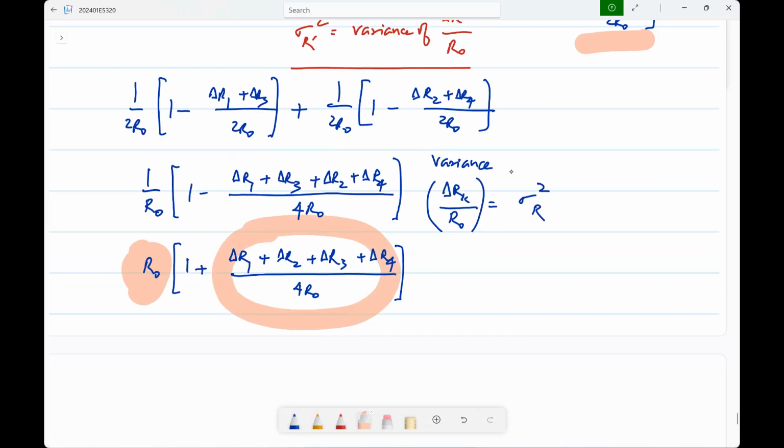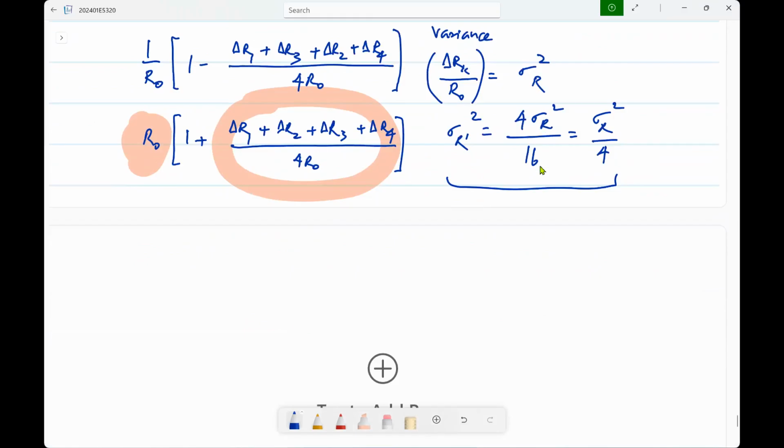So you have 4 times sigma R square divided by 16. So sigma R prime square is 4 times sigma R square divided by 16, which is sigma R square by 4. I did it for this particular combination. So if you combine multiple resistors, the relative error reduces.